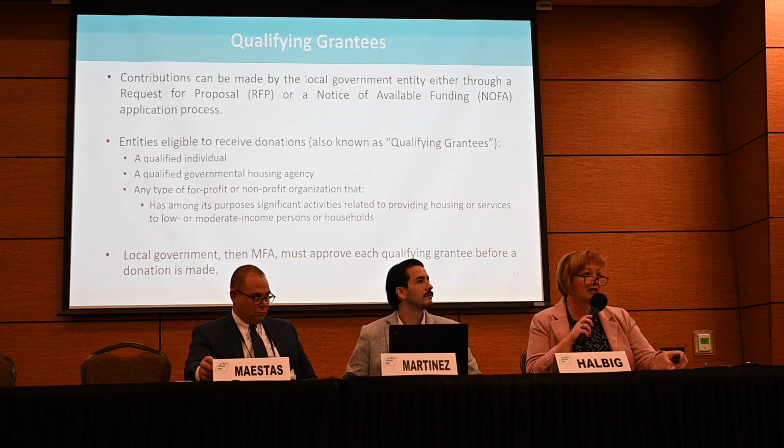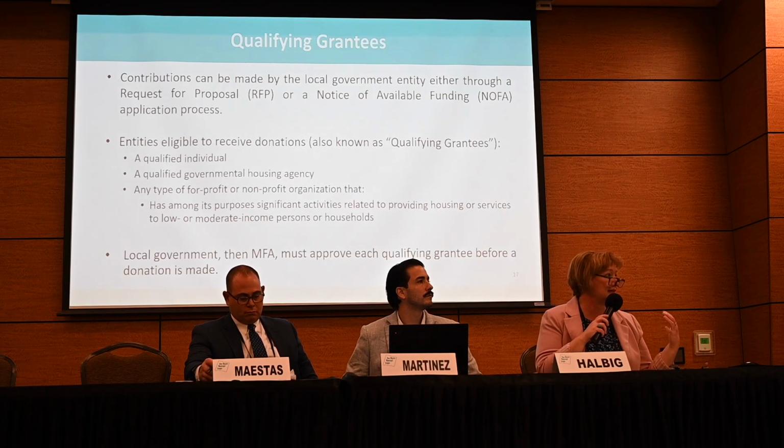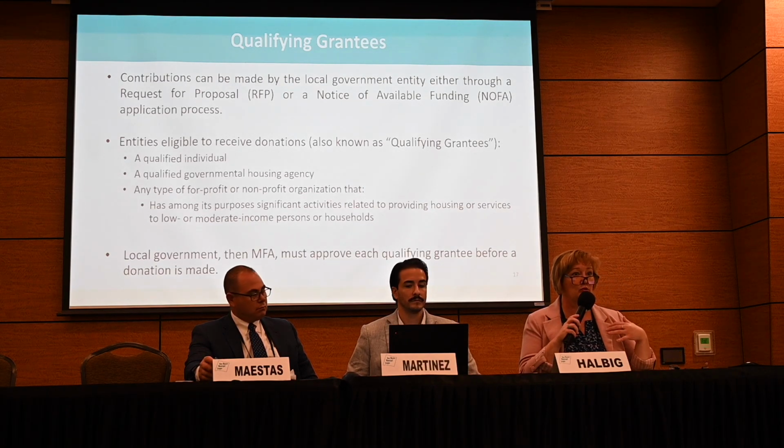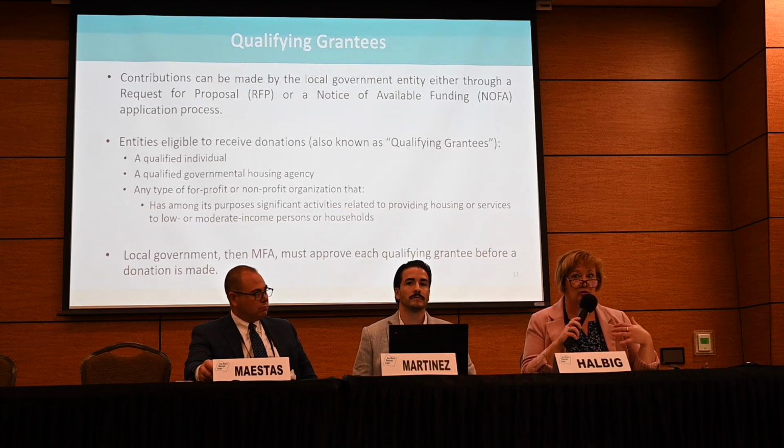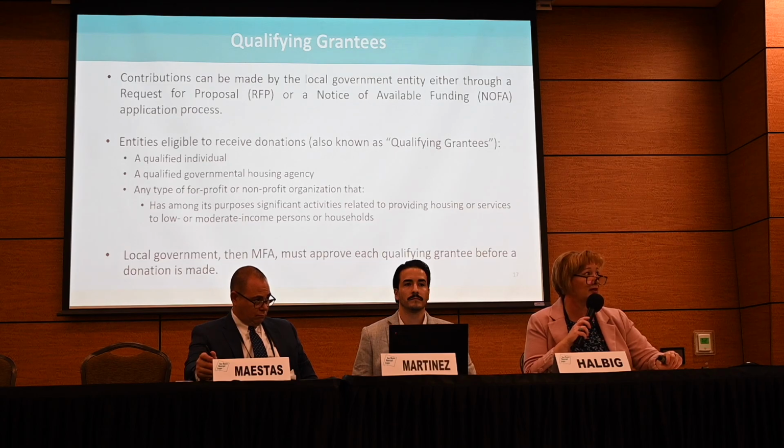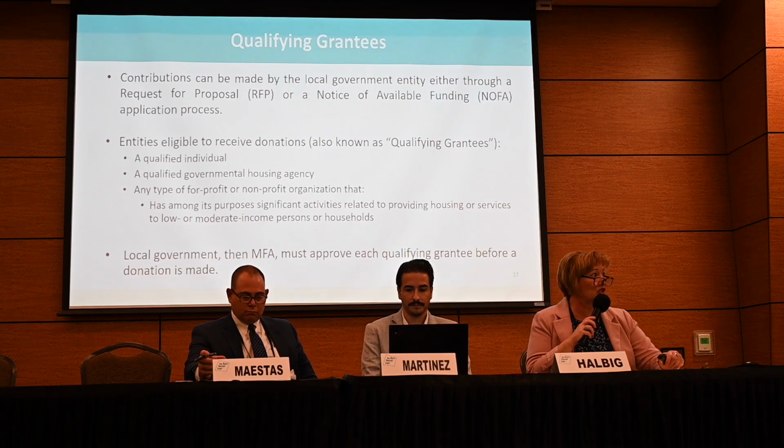So a qualifying grantee is an entity or organization that is eligible to receive the donation towards affordable housing development without, obviously, running afoul of the anti-donation clause. Those donations are made by the local government entity, usually through an RFP or a notice of available funding.